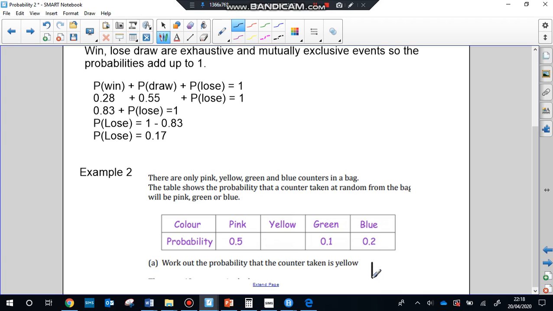So I need to do 1 minus 0.8 to work out yellow, and that's going to come out as 0.2. I would copy that table out if I were you, and fill that in. This is often how they present a probability question, looking at mutually exclusive and exhaustive events.